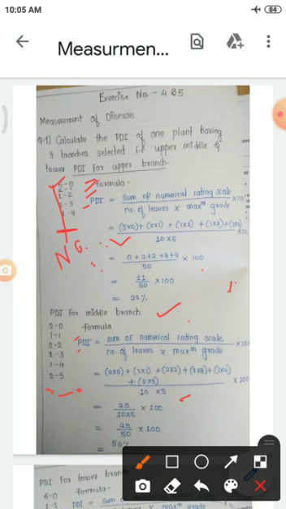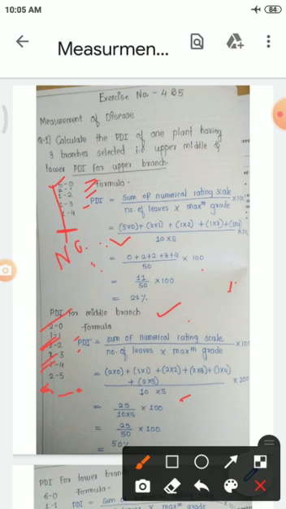So we just put the values in the given formula, that is, we multiply 2 into 0, 1 into 1, 2 into 2, 2 into 3, 1 into 4, and 2 into 5, and make the calculation divided by the number of leaves.